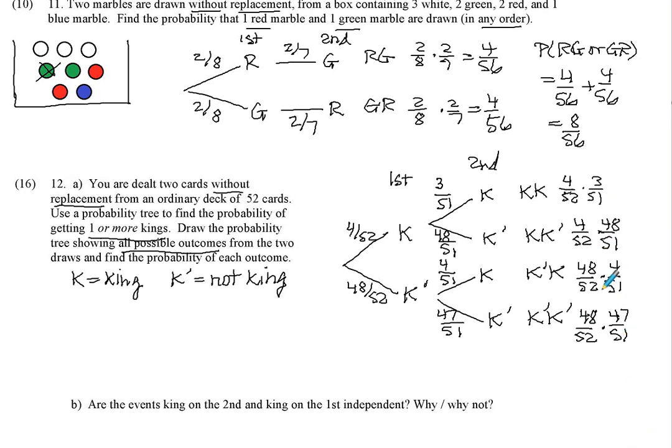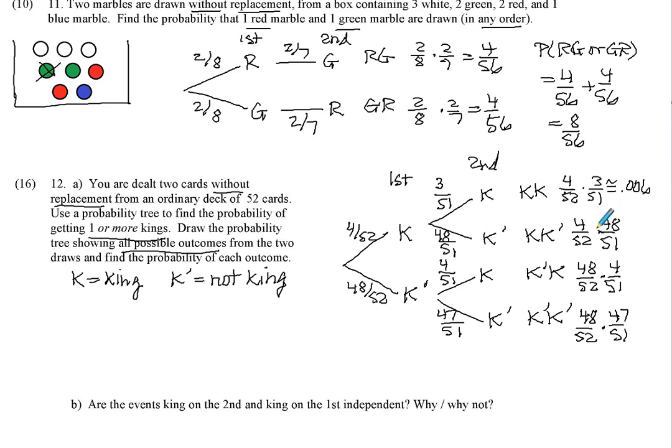Now, if you want, you can do all of these in decimals, and I'd round them to at least 3 decimal places. So you've got percentages to 1/10 of a percent. So for example here, if you multiply these straight across, 12 out of 52 times 51, that's approximately 0.006.